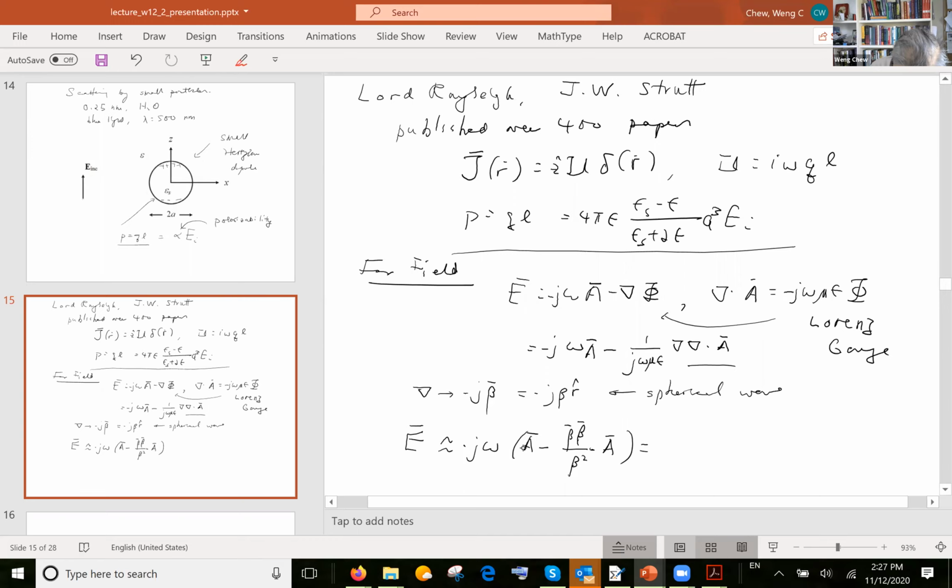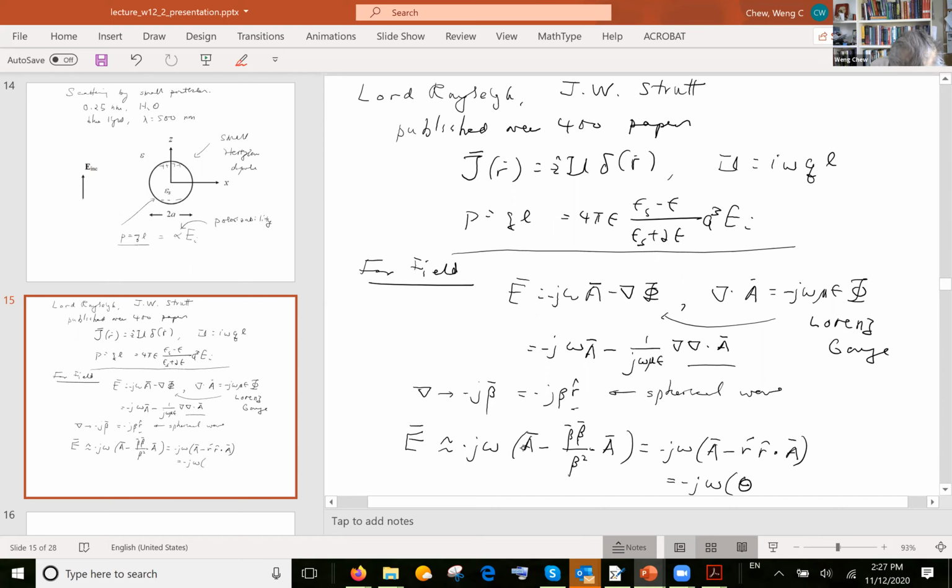The del del gets replaced by beta beta over beta squared. And then I can show that this is equal to minus j omega [A minus r hat r hat dot A], because beta is along r hat. And then we get the same result as we had obtained before.